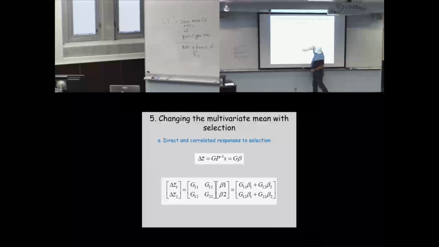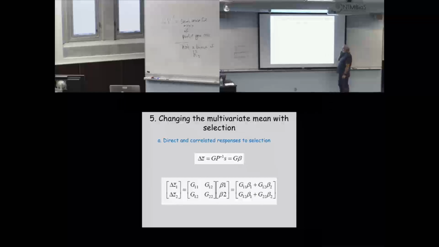That rule of multiplication is this times that plus this times that, okay? G11 beta 1 plus G12 times beta 2. Here it is here, right? Likewise, that row times this column gives us that result.